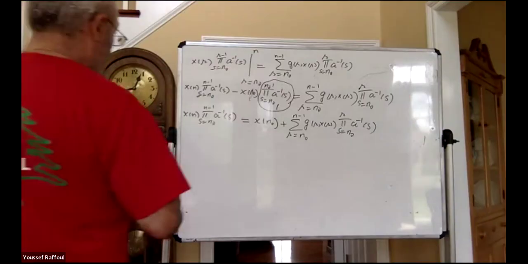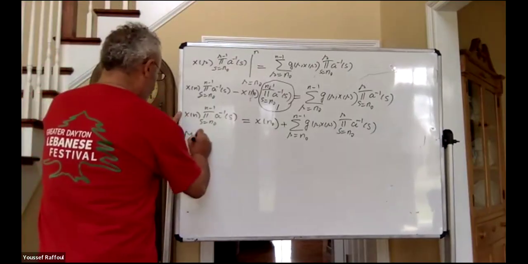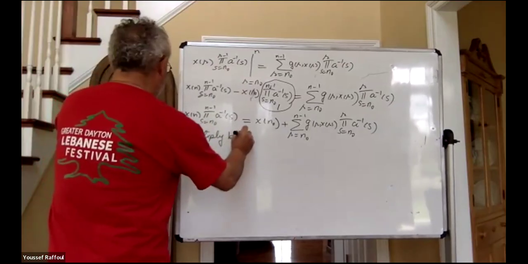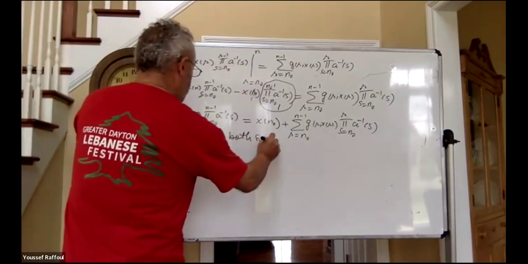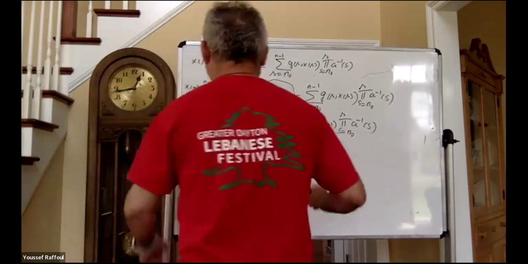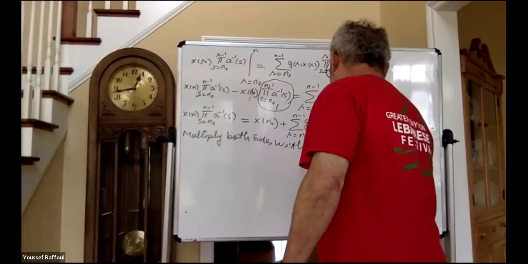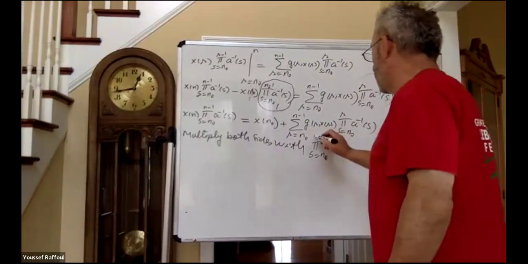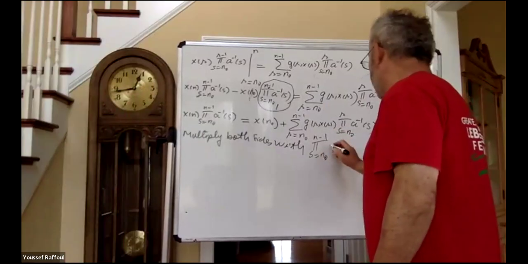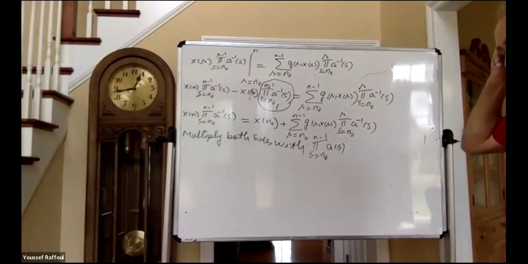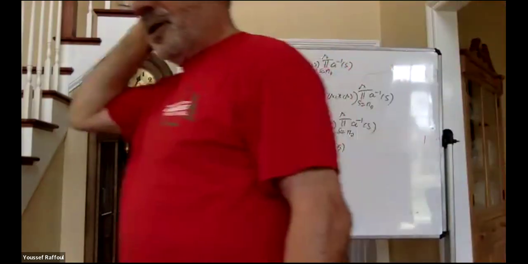All right, now we're going to multiply both sides with the product s equal n naught to n minus 1 of A s. Think about it for a second.